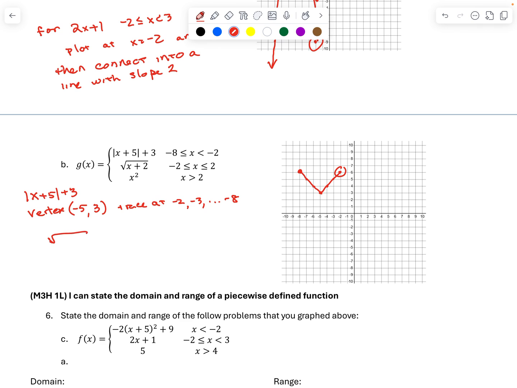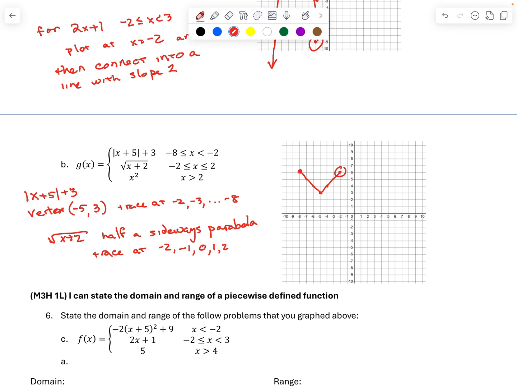Square root of x plus 2 is half a sideways parabola. Okay, so we'll trace at -2, -1, 0, 1, 2.